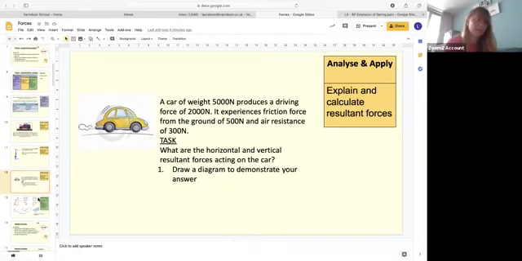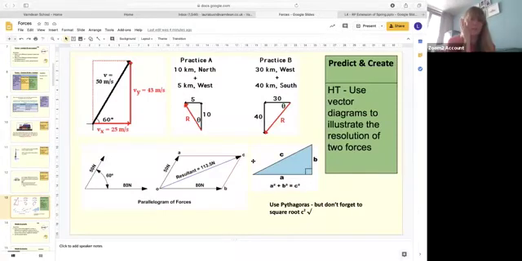Now some of you have asked about using vector diagrams and stuff like that. Obviously, when it comes to the exam, you will have a paper copy of your paper. We're not putting these into any of the questions today.